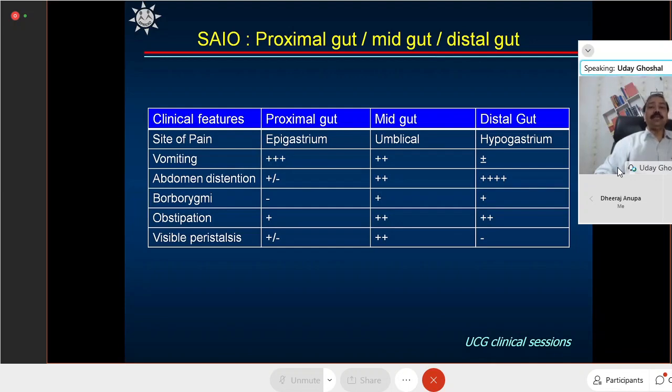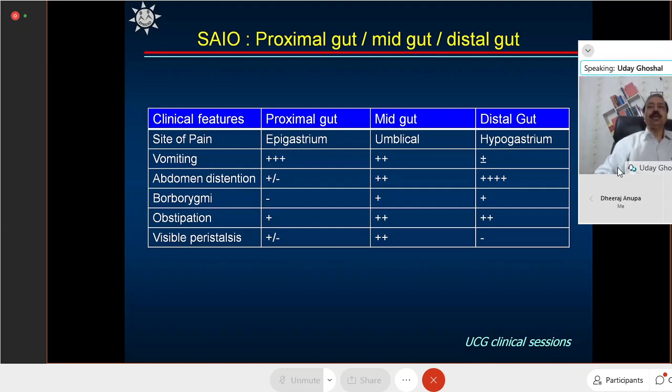Midgut obviously extends from the ampulla of Vater to a point between the right 2/3 and the left 1/3 of the transverse colon. Okay, now that nerve supply obviously T10, T11. Therefore, it is localized around the umbilicus, that is the area which is the dermatome or the nerve supply for the umbilical region.